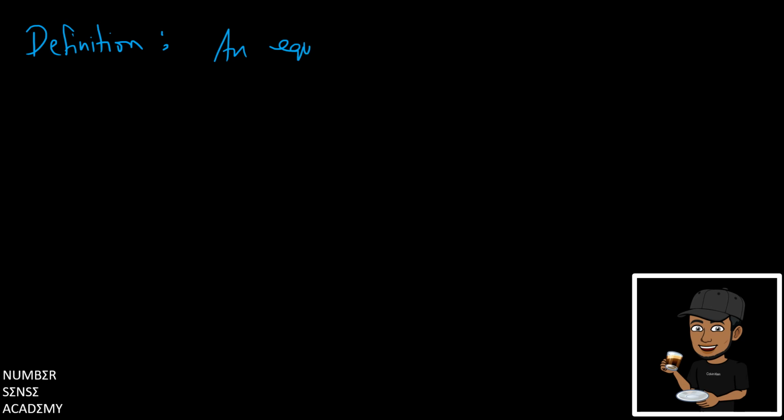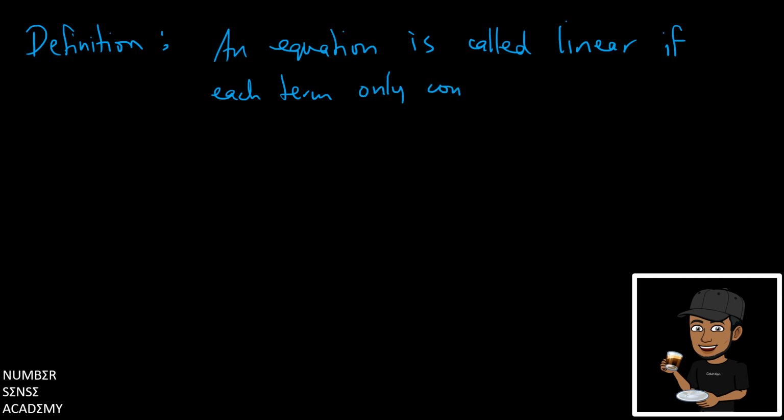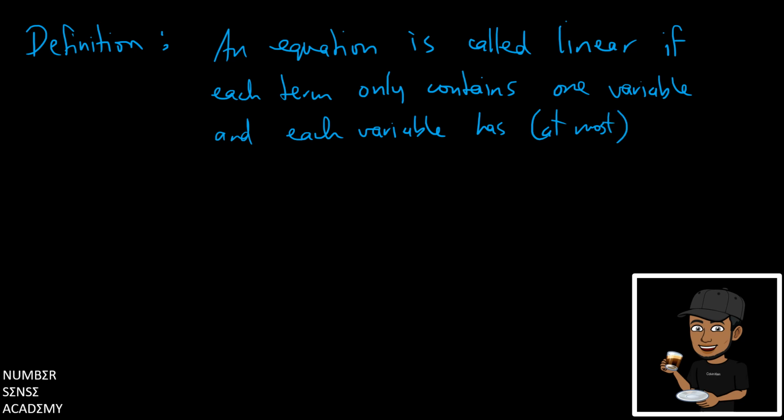An equation is called linear if each term in the equation only contains one variable, and each variable has at most a power of 1, or is a constant.